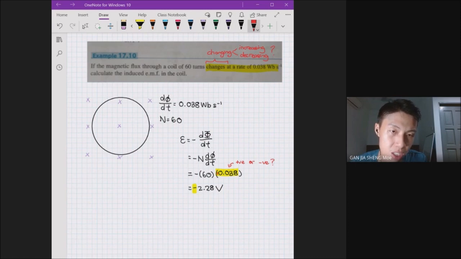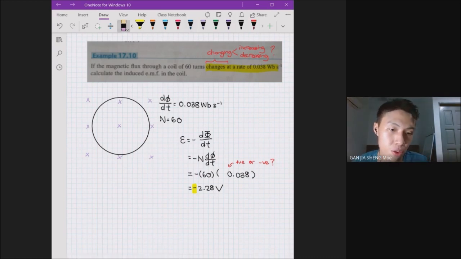Because if you substitute positive here, then you get a negative answer. So that means if your magnetic flux is increasing at a rate of 0.038 Weber per second, then your induced EMF will be negative 2.28 volt.